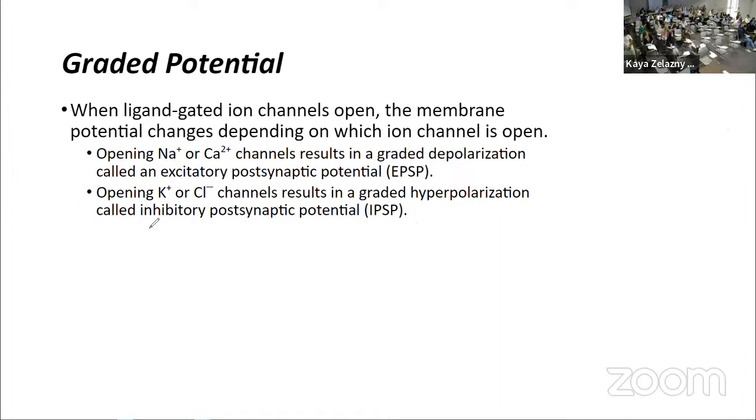So its effect is inhibitory. The place where we're focusing is that postsynaptic neuron. Right, so the neuron receiving the signal is the postsynaptic one. And potential, because we're talking about that change in charge. So an IPSP, an inhibitory postsynaptic potential, is one where we're less likely to fire off an action potential.